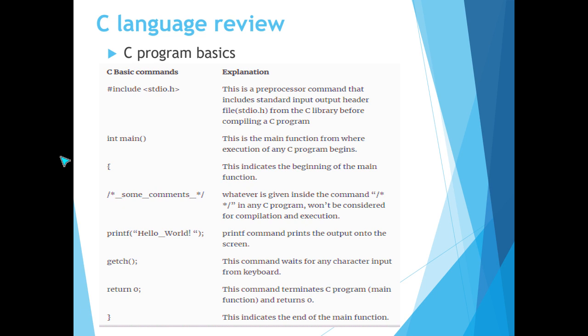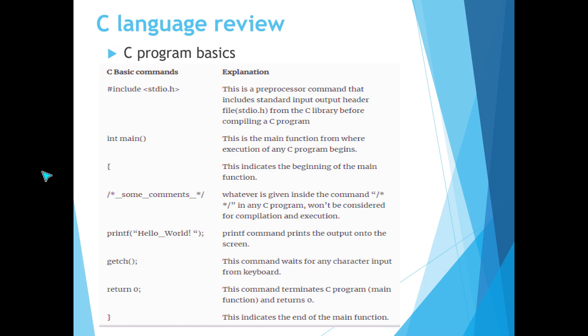About the basics of C language, we will have a main function. Here we have our main function, and exactly from here, execution of any C program begins. I explained about curly braces.